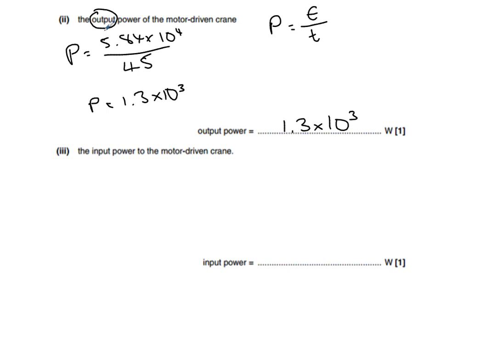Okay, so this is the output power, and now we've got to calculate the input power. We know the motor is 30% efficient. Therefore the input power must be greater than this output power, because it's outputting this power by moving these bricks, 1.3 times 10 to the 3. If it's only 30% efficient, the input power must be much bigger than this number.